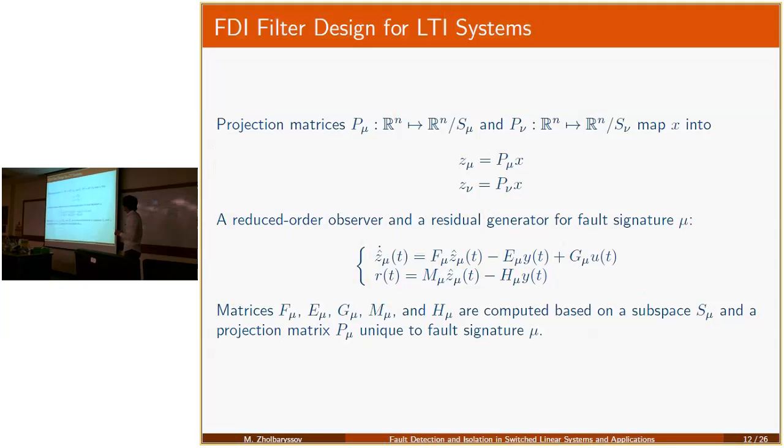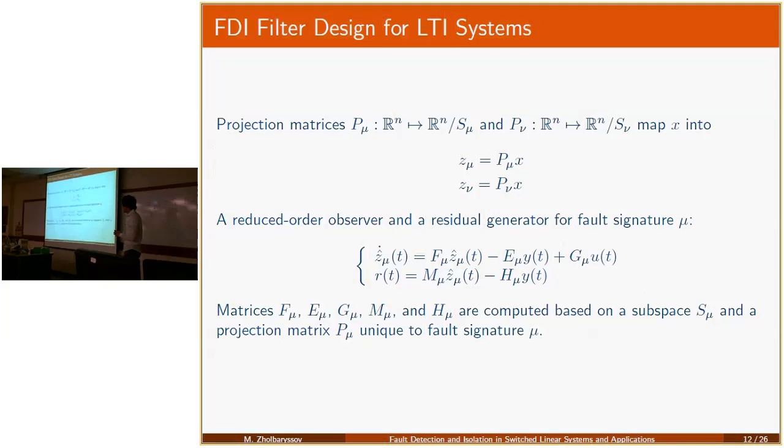Basically, in our example with 2 fault disturbances, we use projection matrices and project the original state space into subspaces. And for each subspace, we design a reduced order observer and residual generator such that each of them will see exactly one type of fault and will not see any other types of faults.